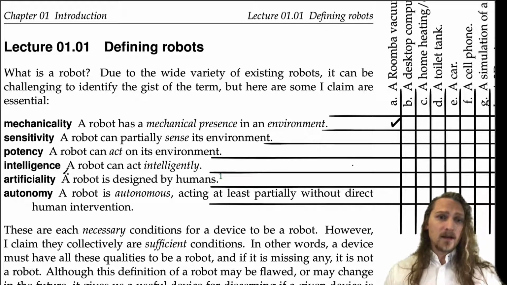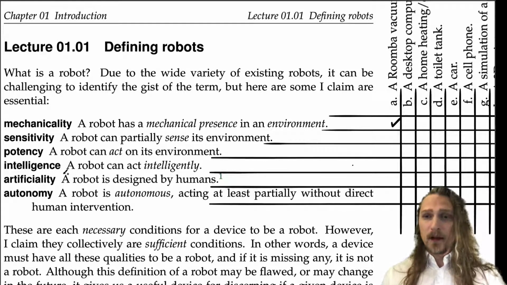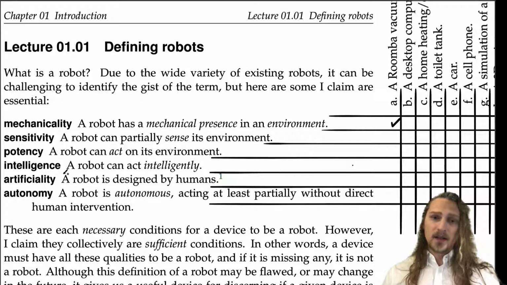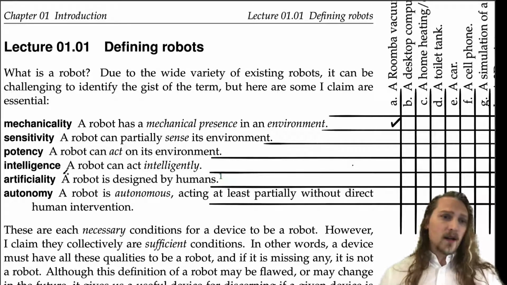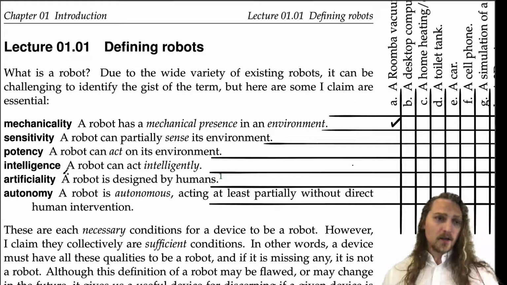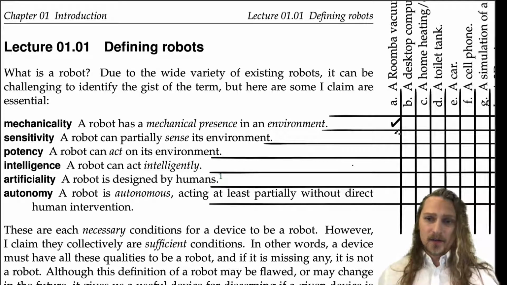And it also frequently will have a sensor that will detect when it's near an object, so it slows down. And frequently it will also have a cliff detector, to determine if it's about to go off the edge of some fall, like over the edge of a stair, for instance. So yeah, it can certainly sense its environment, so this condition is met.